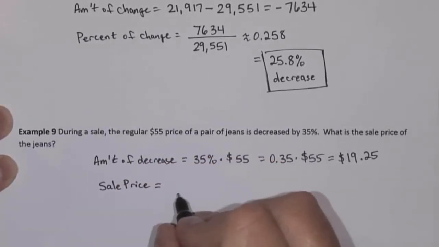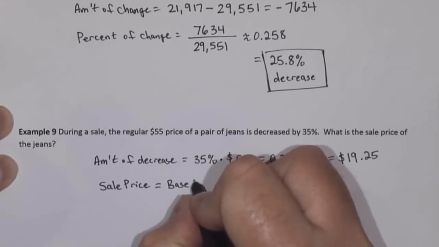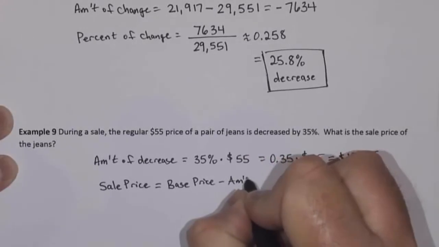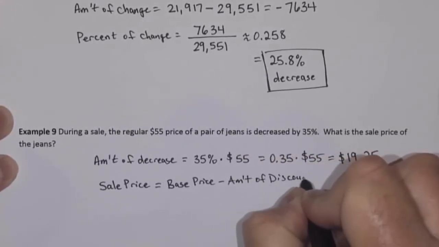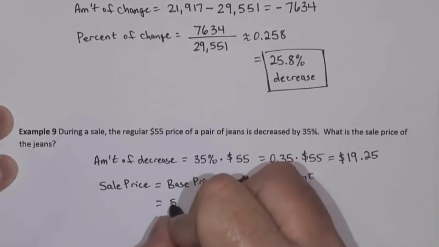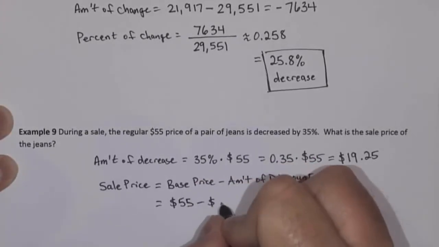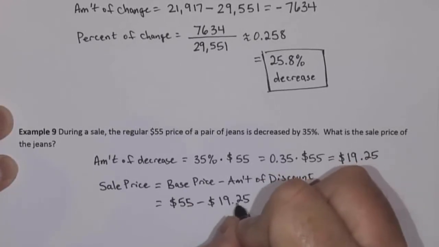So to get the sale price, that's going to equal my original price, my base price, minus the amount of the discount. So my base price is $55, and I'm going to take off the discount, which is $19.25.